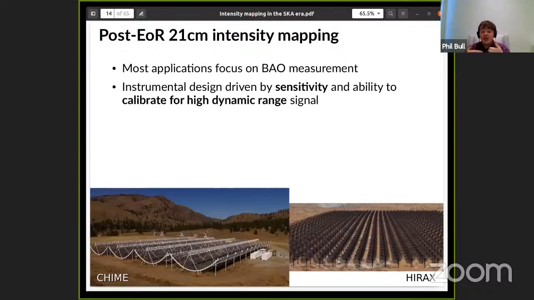And we also need to be able to calibrate them very, very accurately because the signal has such a high dynamic range. Remember, these foregrounds are many thousands of times brighter than the cosmological signal we're interested in. So if you're not able to calibrate it very accurately, instead of seeing the 21 centimeter signal and subtracting the foregrounds, you're going to see a big mash of the two things together, which you don't want.